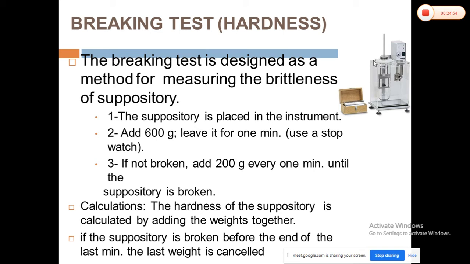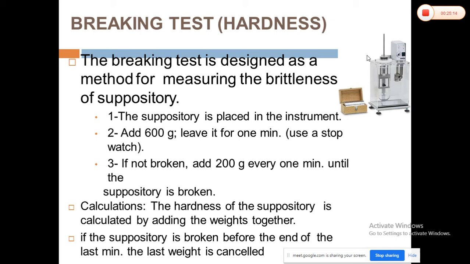So this particular testing will be helpful basically for transport purposes, during the transport or during handling also. If your suppositories don't have the proper hardness, it will also create problems during insertion.